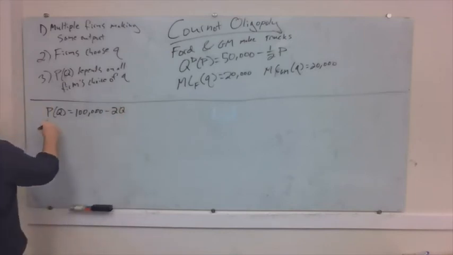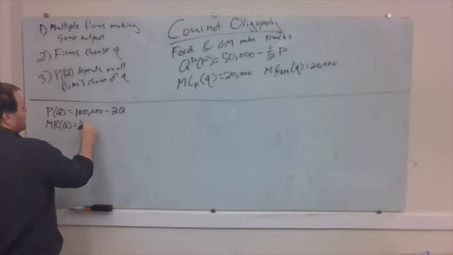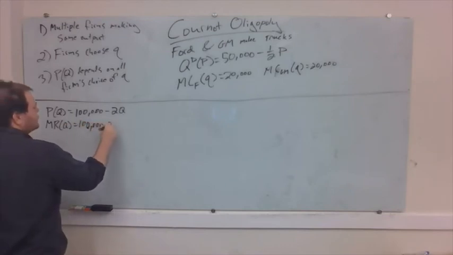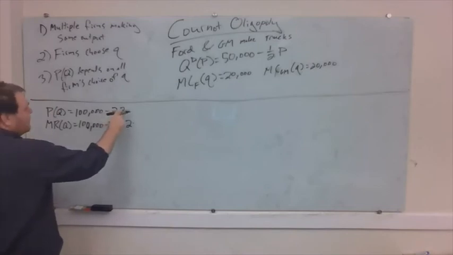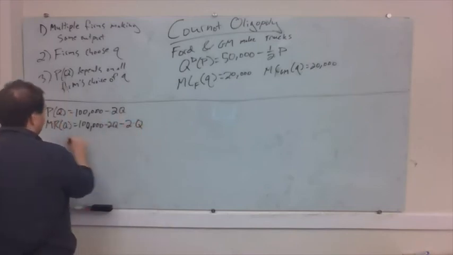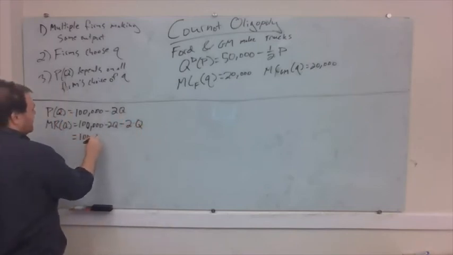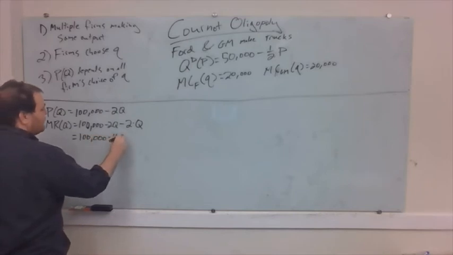So their marginal revenue, right, would be 100,000 minus 4Q.